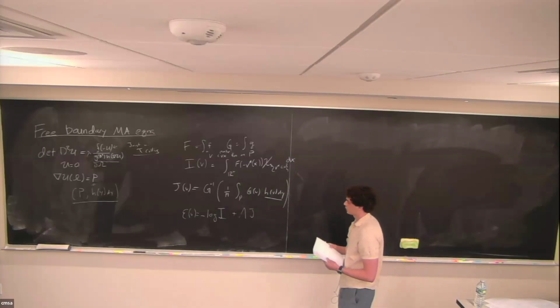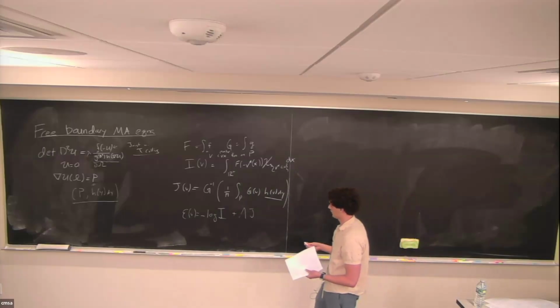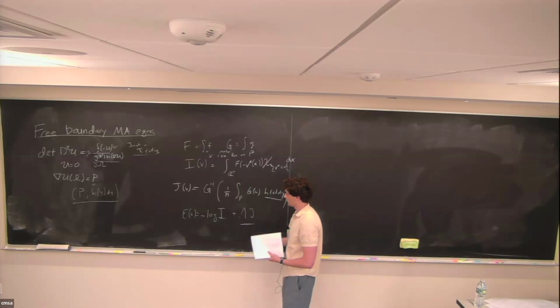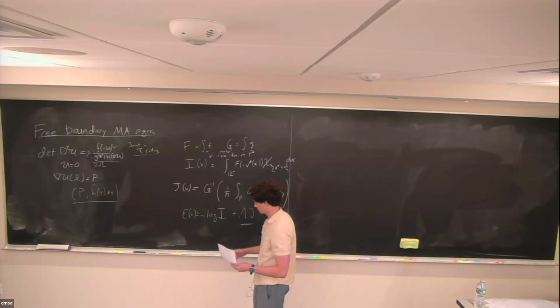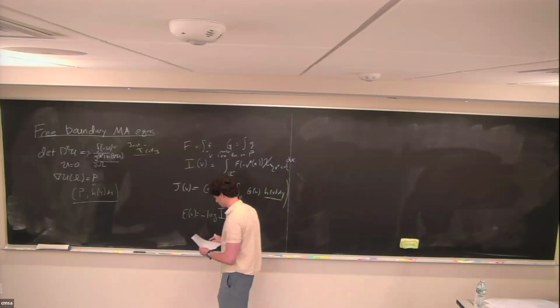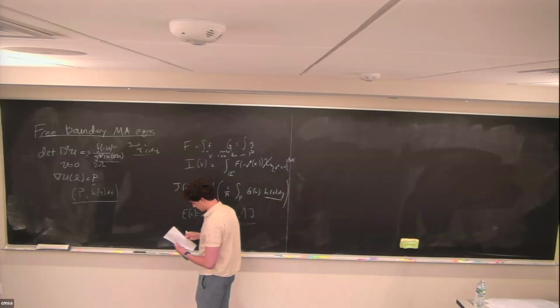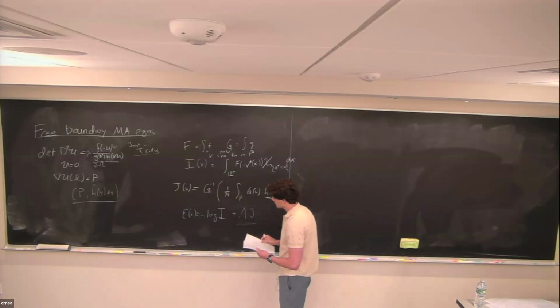So in that case, the coercivity of the function is going to come from this J side here. And what we'll find is that there's going to be some type of blow up behavior as you go in any direction, which will force your free boundary to be somewhat normalized here.